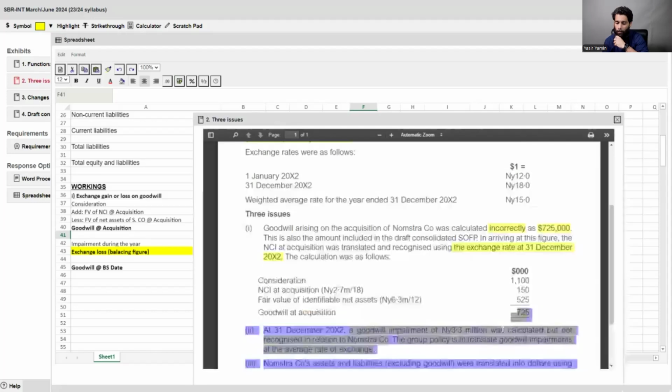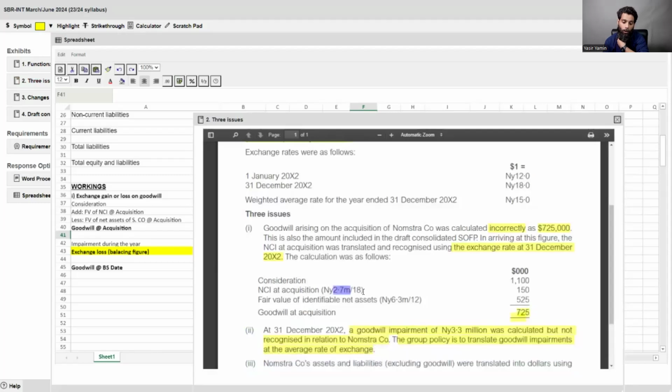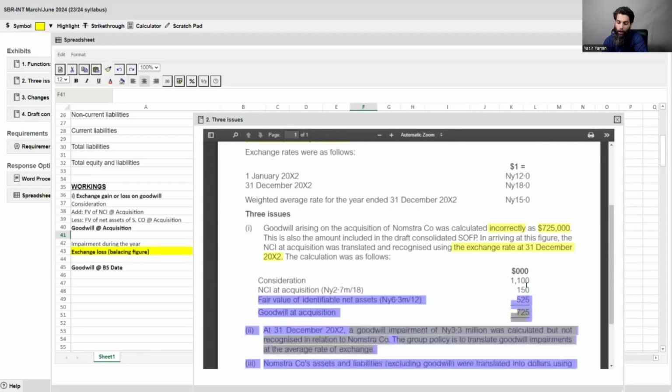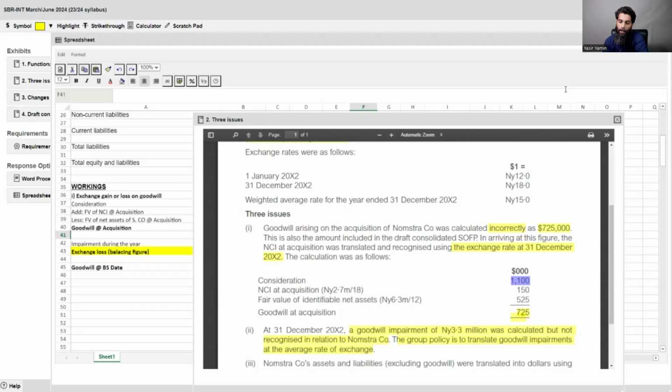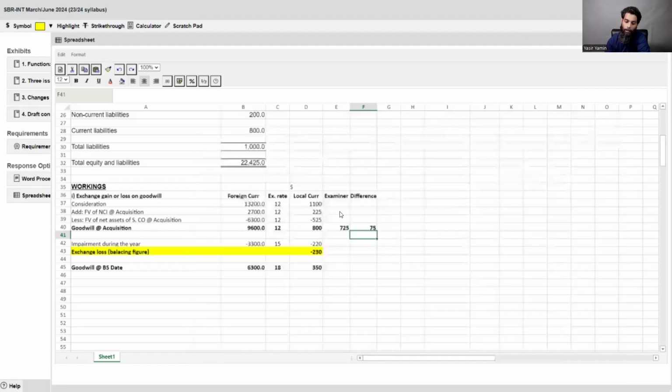Guys, the difference was they translated NCI based on the closing date exchange rate, which was 18, and they calculated NCI with a value of $150,000, whereas that should have been calculated as 225. So basically, the $75 difference in the valuation of goodwill is the different valuation of NCI in dollars. Does everybody agree?